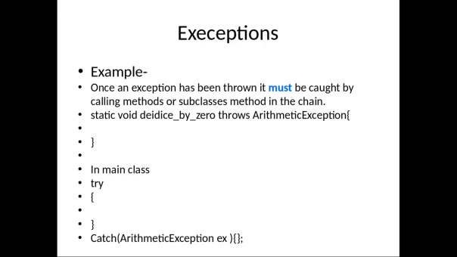So suppose I have written a method, static void divideByZero. This is a spelling mistake. In the method itself I am throwing this exception, throws ArithmeticException. Then I can simply add divide by number, 2 numbers. I will take 2 numbers int a, int b, and I will store the value into c. c is equal to a by b. Suppose b will be 0. Then in that case, what will happen?